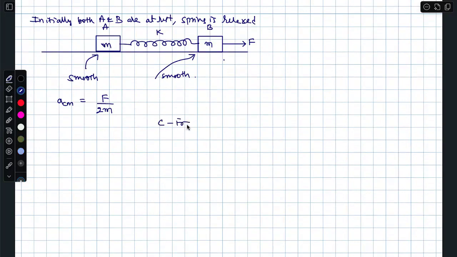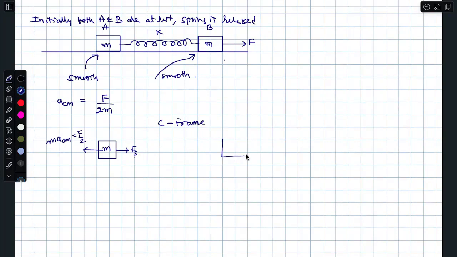Now, if I am in the C frame of reference, I will notice that this will experience a pseudo force, M ACM, yes or no? And a spring force, F spring, which is nothing but F by 2.